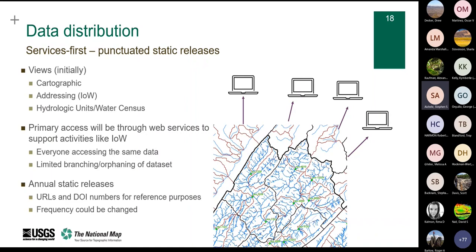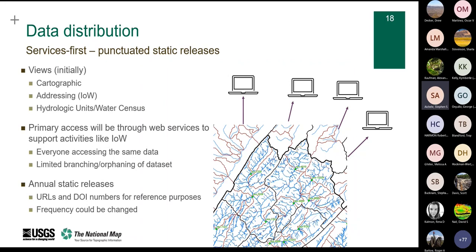And we want to be able to provide these through web feature services, which is another benefit of radically simplifying the data system. We tried several times over a number of years to provide the NHD as a web feature service, and it just wasn't possible with the IT that was available at the time.